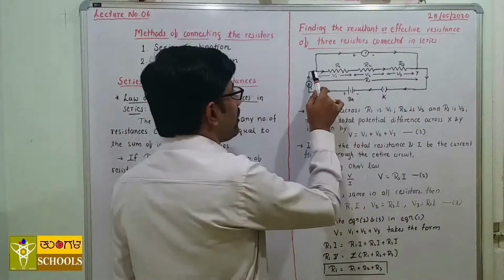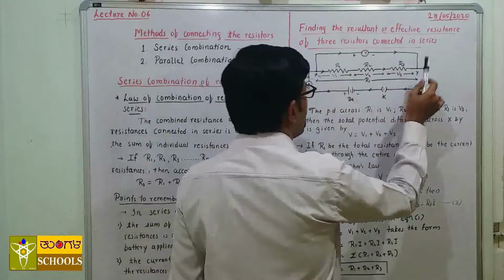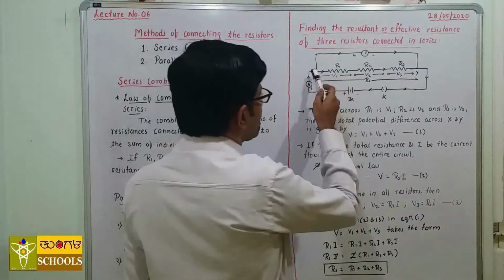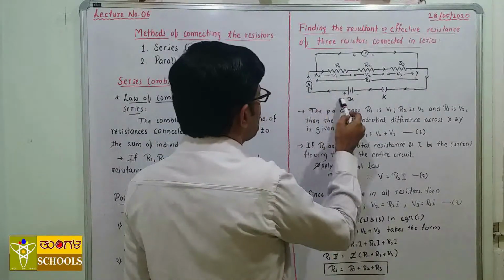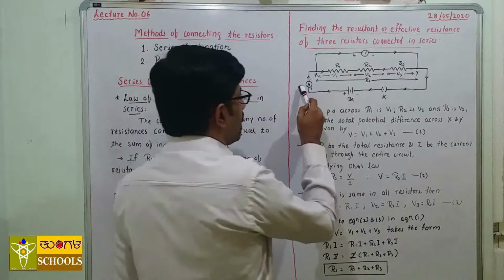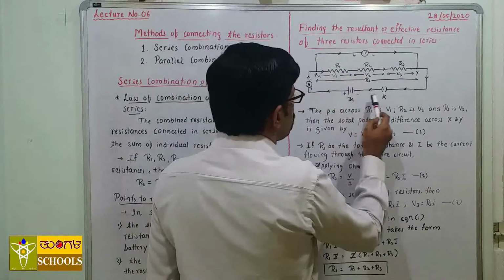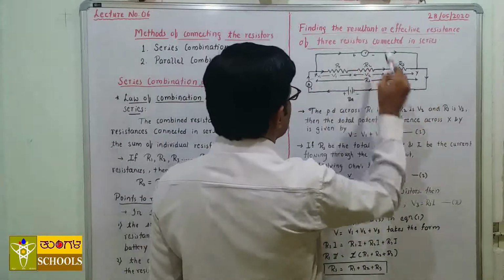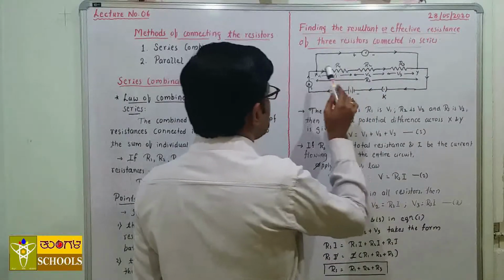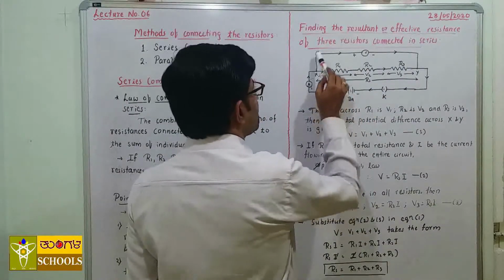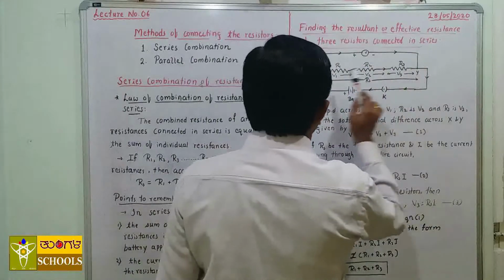We have the combined ends X and Y, and that X and Y is connected to the battery through an ammeter A and a key, and that is also connected to a voltmeter V across X and Y.